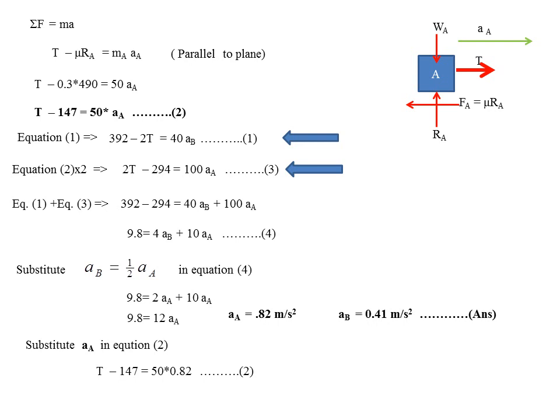Remember, in equation 2 the acceleration is AA, in equation 1 it is AB. Okay, so 50 into 0.82. Now we will get the value of T as 188 Newton. Okay, now try to get this value. It's a very simple and straightforward question actually.